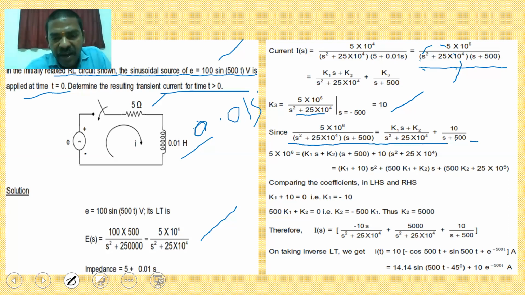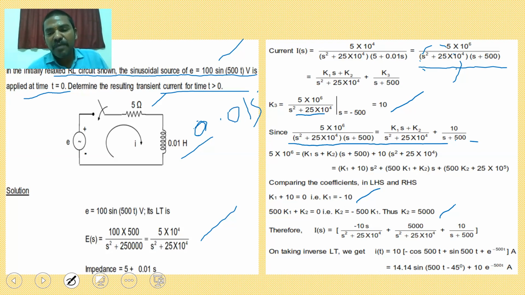Then you can get the value of k1 as minus 10 and the value of k2 as 5000. Then I of s is equal to minus 10s divided by s square plus 25 into 10 power 4, plus 5000 divided by s square plus 25 into 10 power 4, plus 10 by s plus 500.